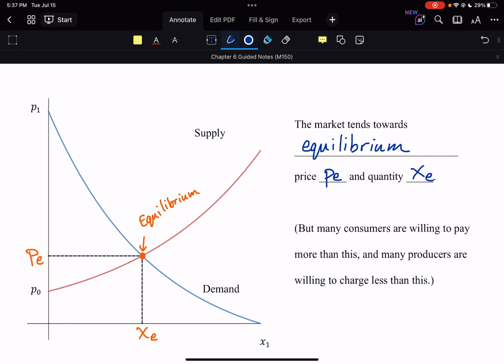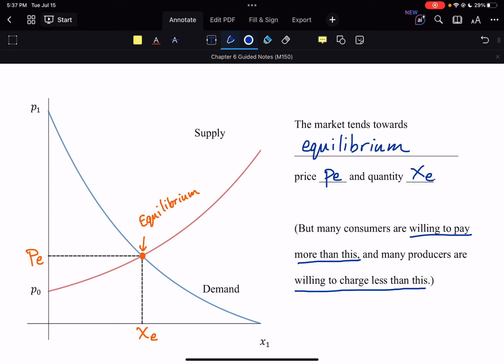And consumers, maybe they don't get as low of a price as they want, but they're not getting charged too high of a price. So the idea of surplus comes in here. Many consumers are willing to pay more than this amount, and many producers are willing to charge less than this amount.